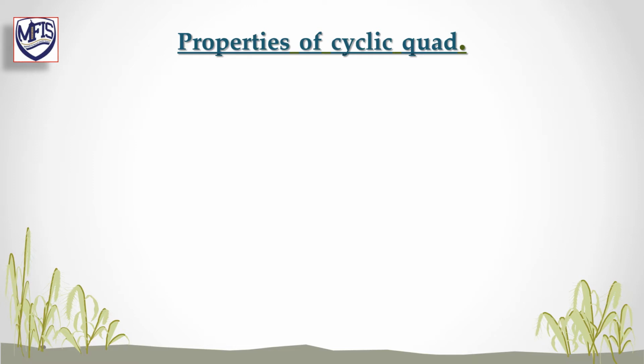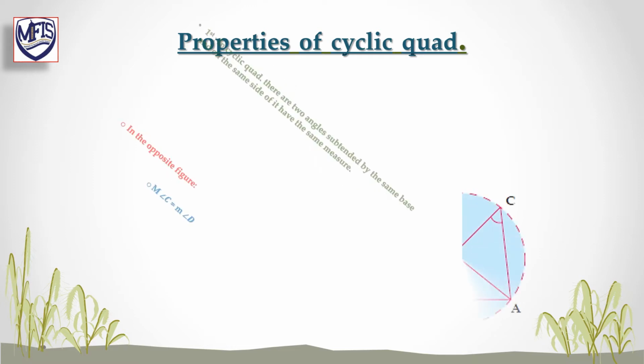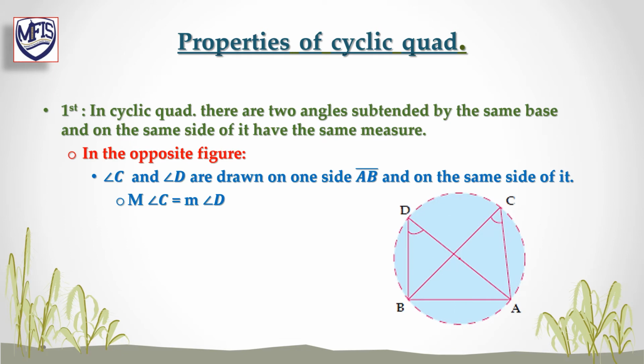Properties of cyclic quad. The first property: in a cyclic quad, two angles subtended by the same base and on the same side of it have the same measure. Look at the opposite figure.